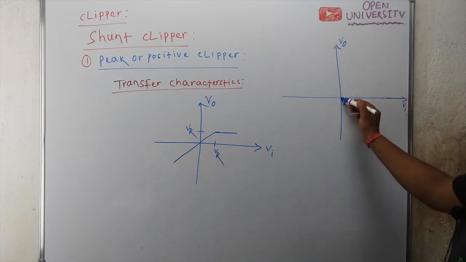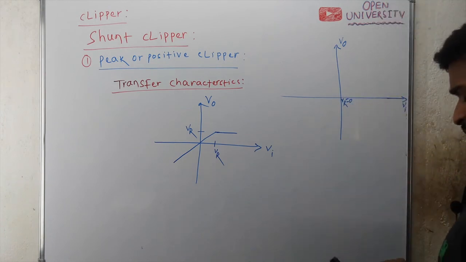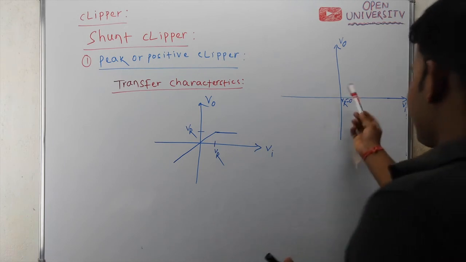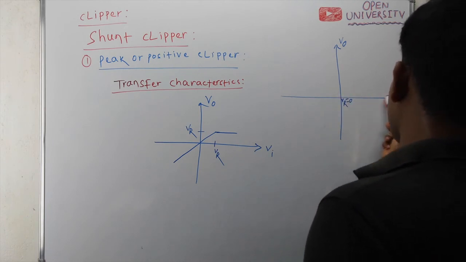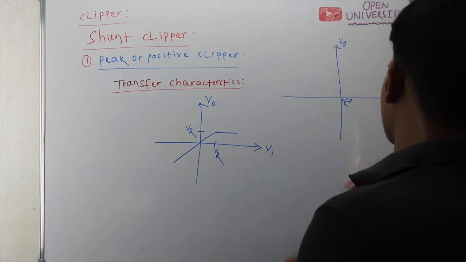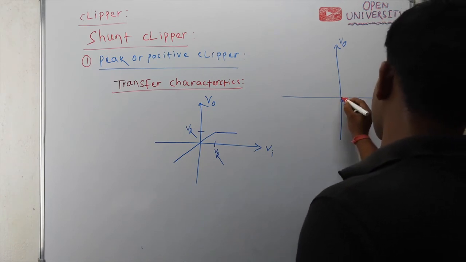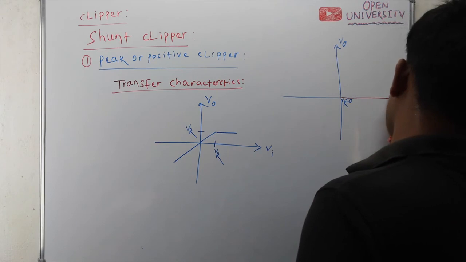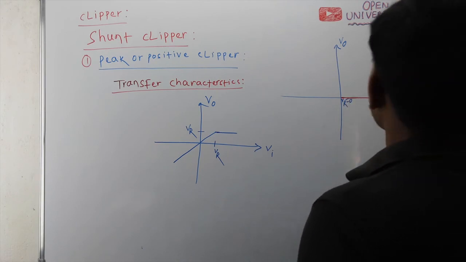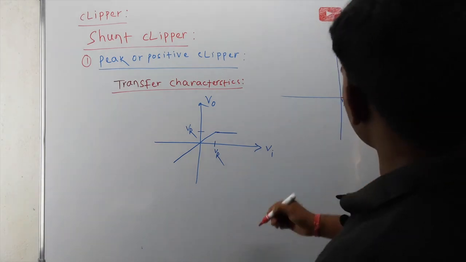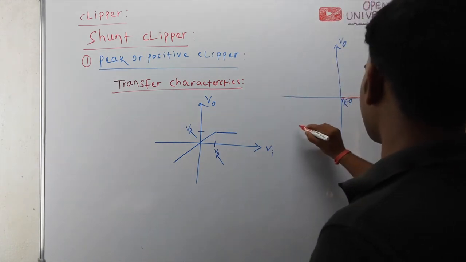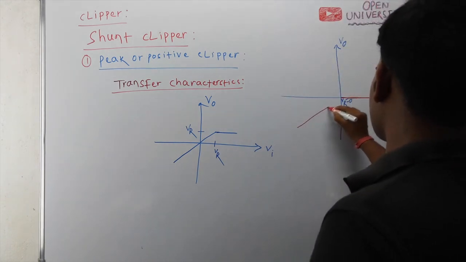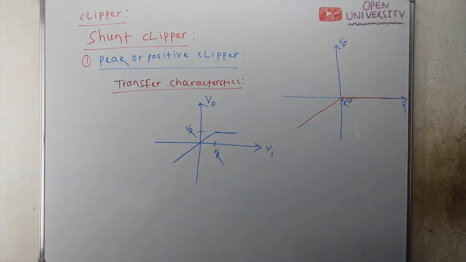Now when input voltage is greater than VR, V not equal to VR, that is 0. And when input voltage is less than VR, V naught will be equal to Vi. This is the transfer characteristics when reference voltage is 0.